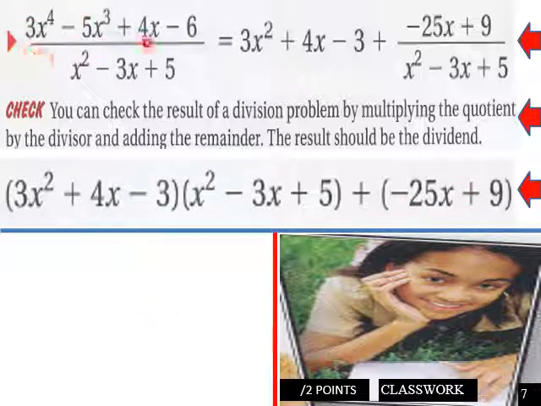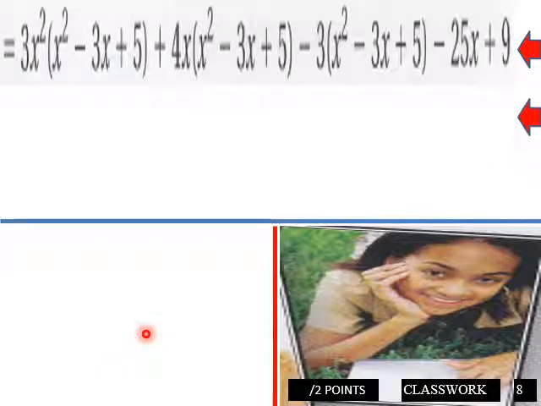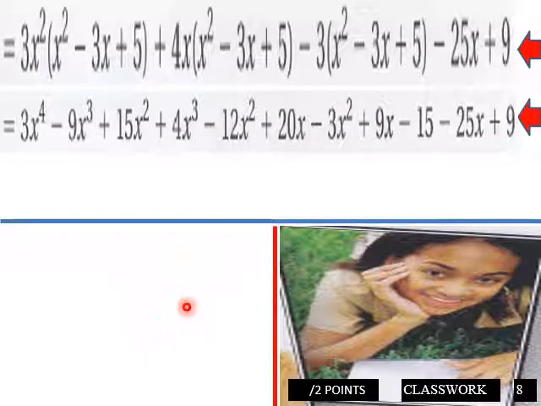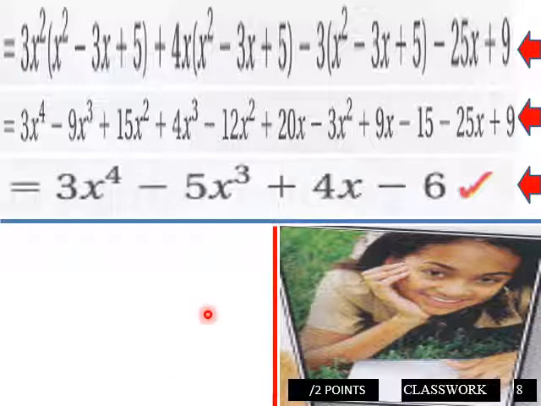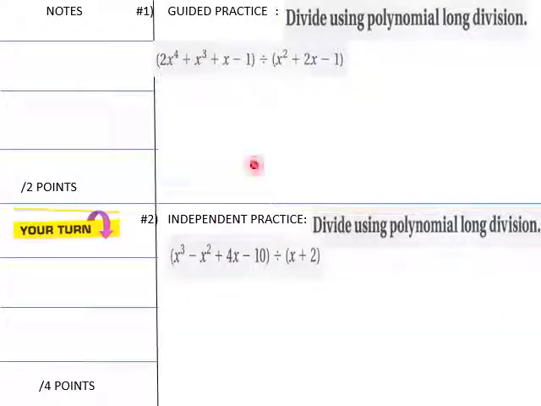And you should get your original division. Okay, we do that. By gosh, we do that. We get this long expression here, and we combine like terms, and it checks. So that would be the result of that.